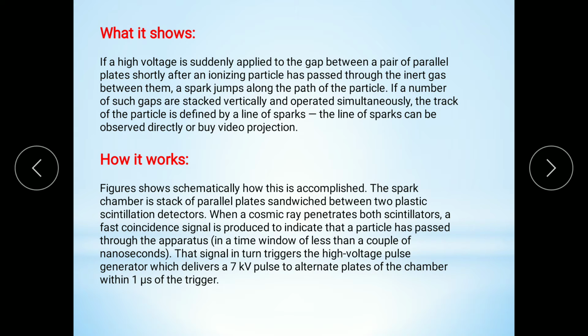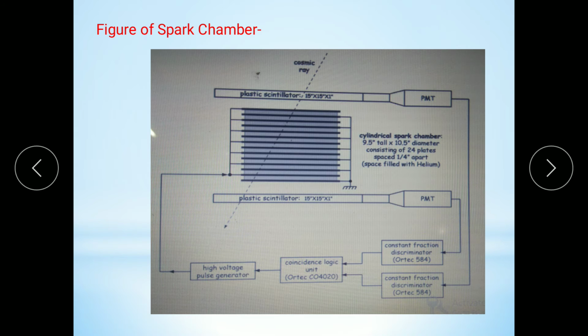Now how it works, let us see from the figure. The spark chamber is a stack of parallel plates sandwiched between two plastic scintillation detectors. See here, these are the parallel plates, and they are in between these two PMTs.